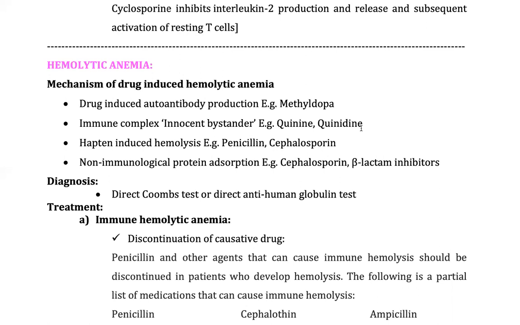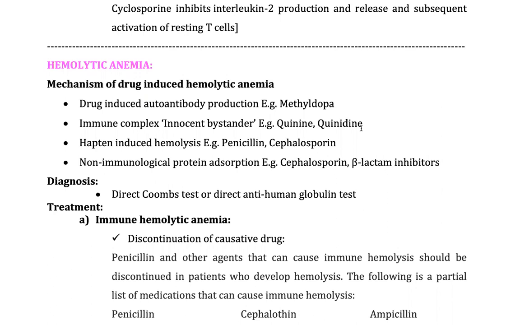Generally, quinine and quinidine are responsible for cell necrosis. When the patient takes the drug quinidine, it causes necrosis of the cell, and we can say innocent bystander. They are just standing outside, but they are responsible for cell necrosis, specifically of the RBC.